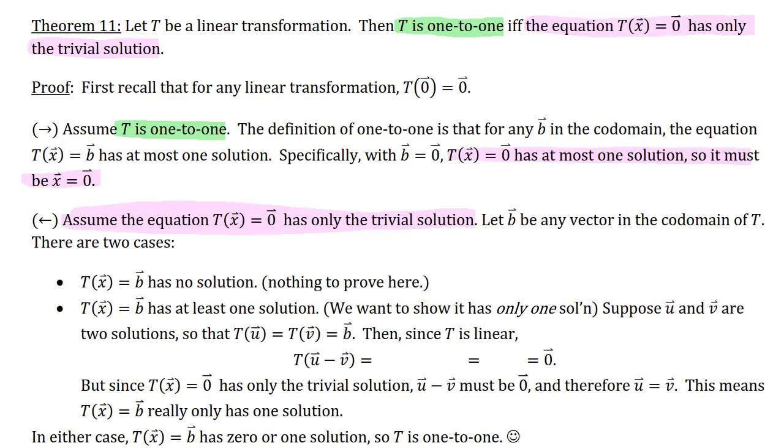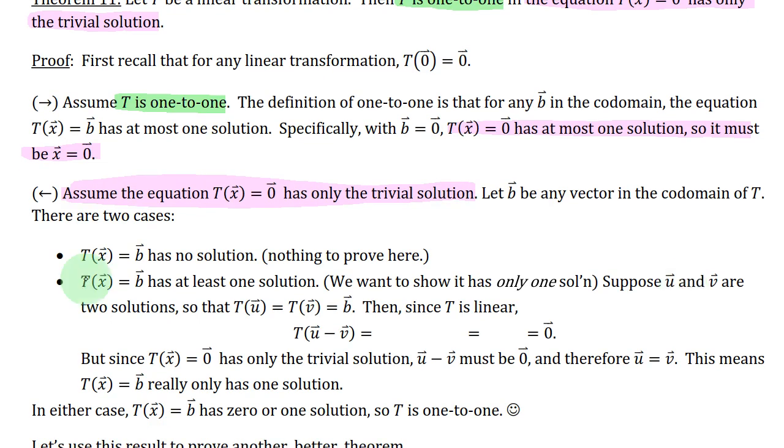Now, if we're trying to prove that it is 1 to 1, which is the goal, then the definition of 1 to 1 is that for any b in the codomain, T of x equals b has no solution or one solution, but it can't have more than one. So we're going to assume that we have b as any vector in the codomain. So let's look at the different cases. T of x equals b has no solution, and if that's true, then we're good.